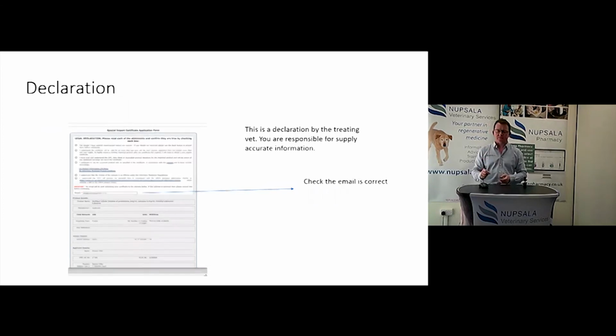The declaration. This is a declaration by you, and what you would be doing is clicking to say that you understand the cascade. So it goes back to my first few slides. Have you read the actual notes about using cascade products? You can't go clicking here if you're not familiar with that. Otherwise, it's a fraudulent declaration.